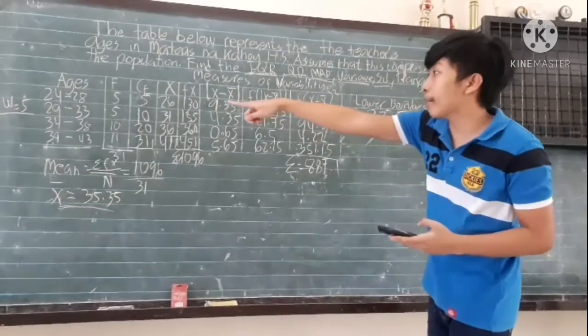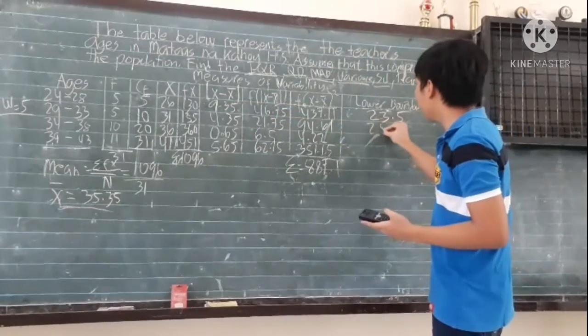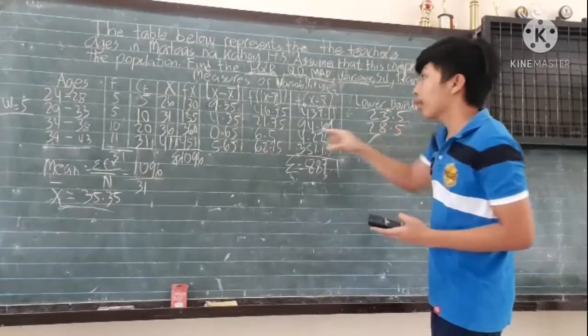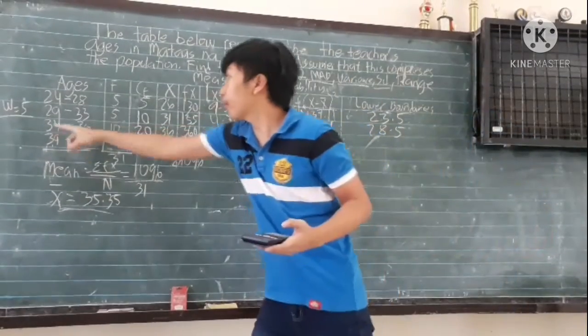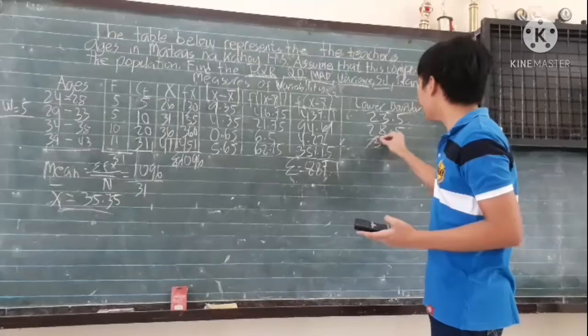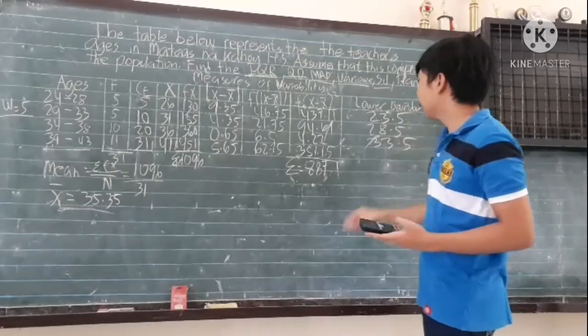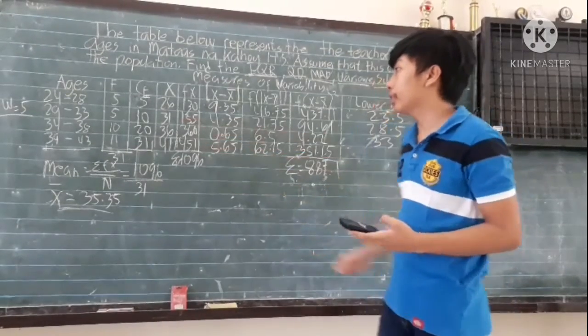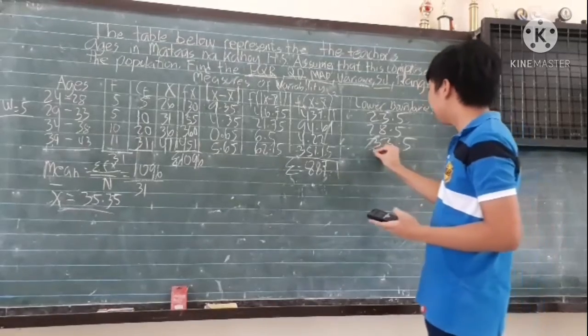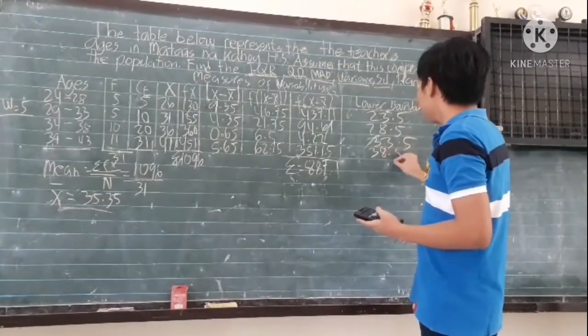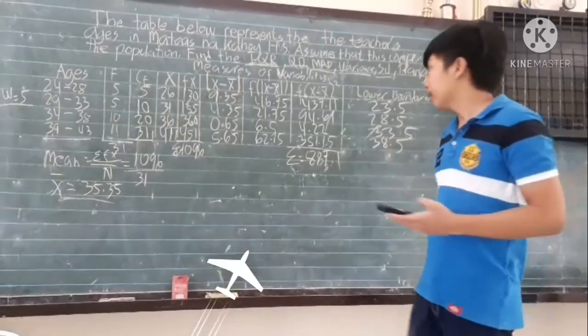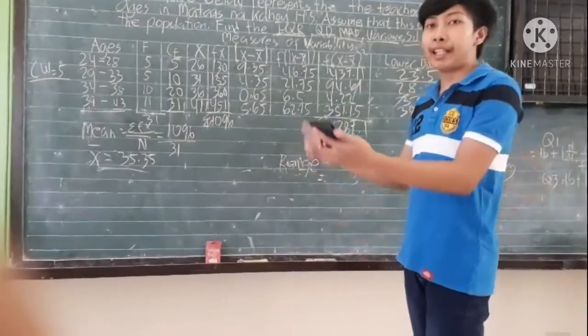So 29 minus 0.5 is 28.5. 34 minus 0.5 is 33.5. Then another is 38.5. So we fill every data in our table here.